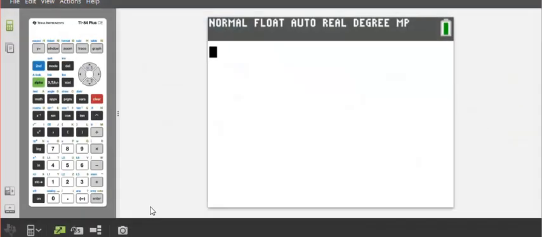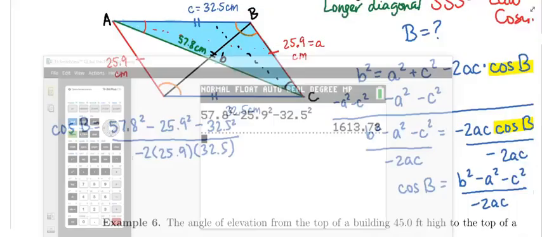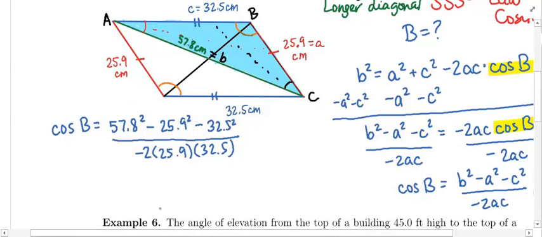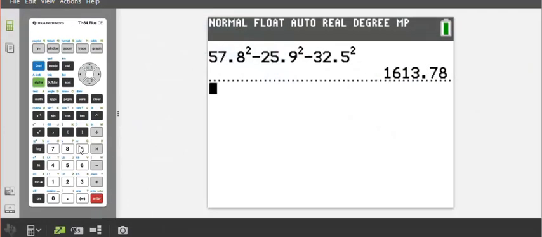The numerator is 57.8 squared minus 25.9 squared minus 32.5 squared. Then I need to divide by the denominator. If you have an older calculator, make sure that when you divide, you put the entire denominator in parentheses. So the denominator is negative 2 times 25.9 times 32.5.